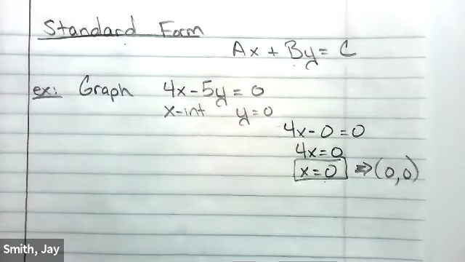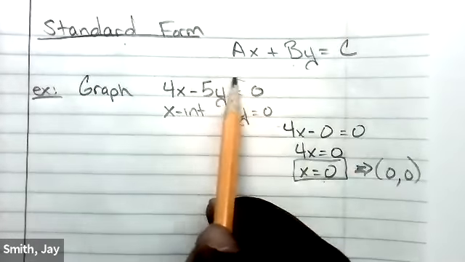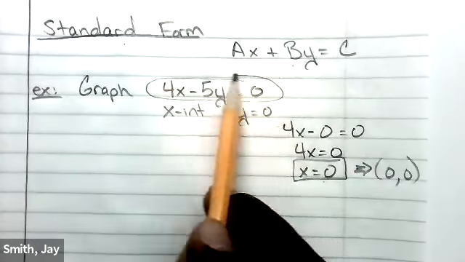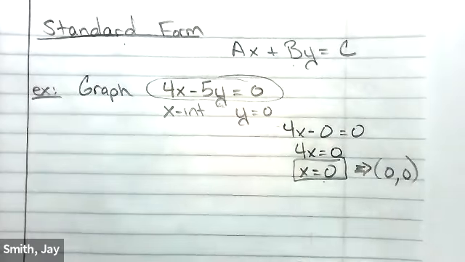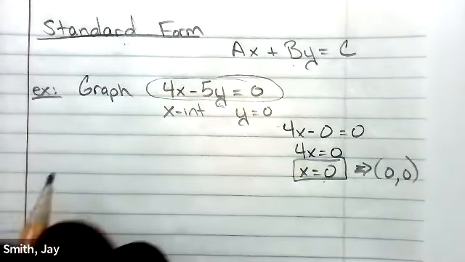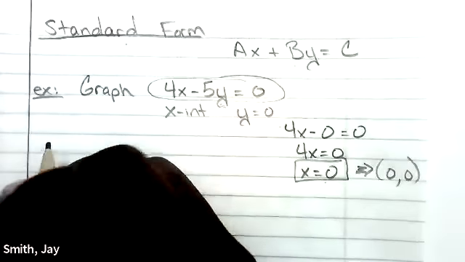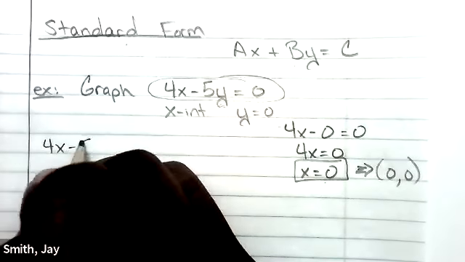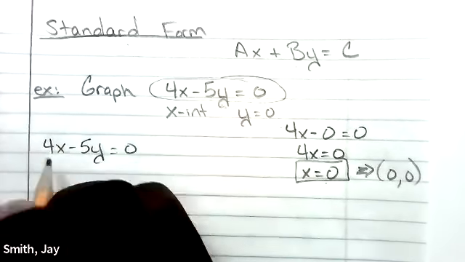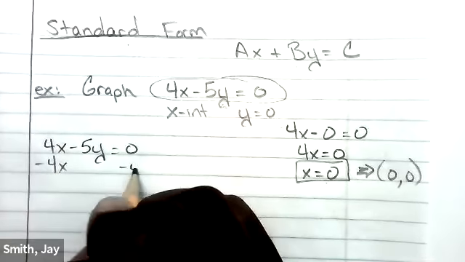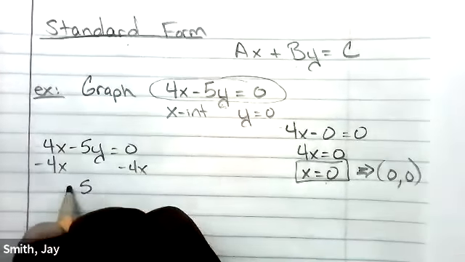So it actually will help us to solve for the slope now. Like we said before, we can easily put this in slope-intercept form by solving for y. So starting with the equation, 4x minus 5y is equal to 0, first thing I will do, subtract 4x from both sides.